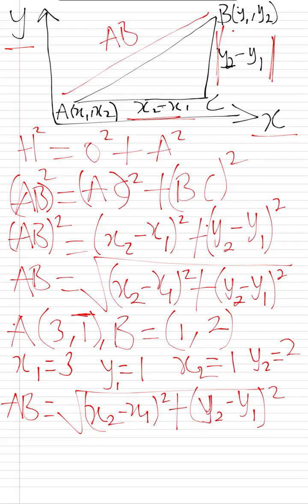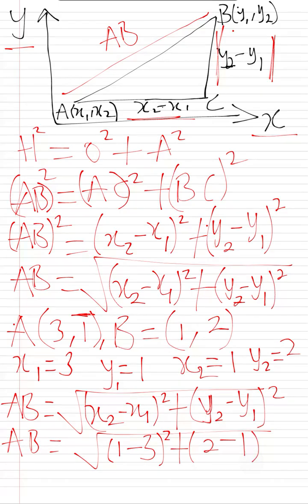So AB equals the square root of, what's your x2? x2 is 1. So that's 1 minus your x1, which is 3, so 1 minus 3 all squared, plus y2, which is 2, minus y1, which is 1, all squared.